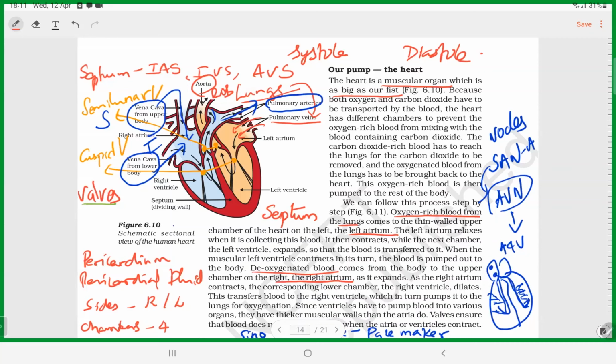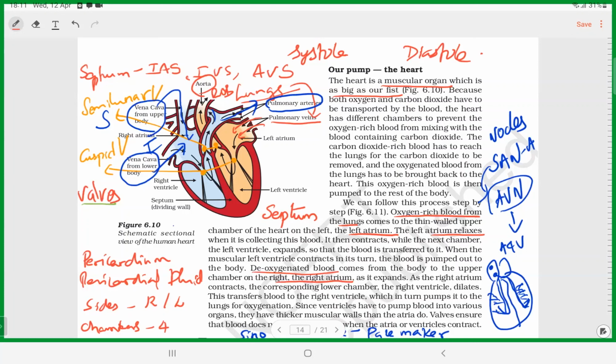During this time, the atrium is in a relaxed position while it receives blood. That is called what? Diastole. The atrium is in a relaxed state. Next process: where does the blood go during this time, what is open?